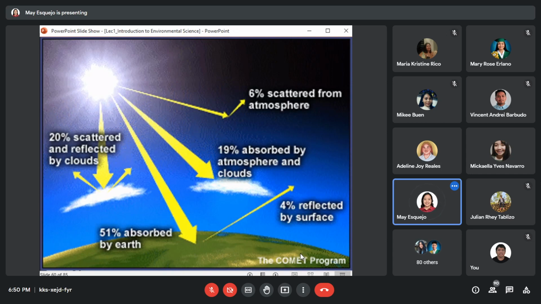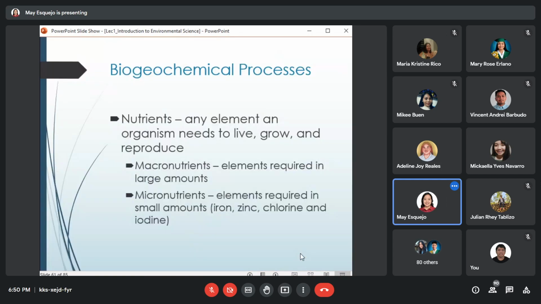Okay, some are scattered in the atmosphere and then reflected back to the surface. Okay, the clouds in the atmosphere and even hanggang sa outer space. Okay, hindi siya lahat ginagamit. So, ayun. We will discuss that pagdating natin sa climate change, okay, sa atmosphere, sa parts ng atmosphere.